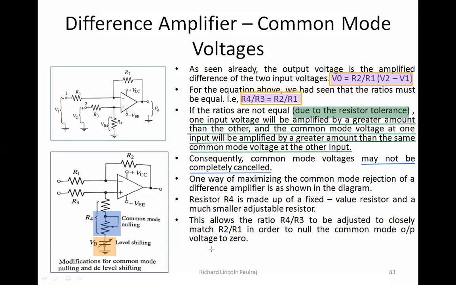Ultimately we need the output voltage to get nullified. Nullified means the differences we are trying to make them the same, plus and minus. If the differences at the inputs are the same, then what is going to happen? My output voltage is going to be 0. Yes or no?